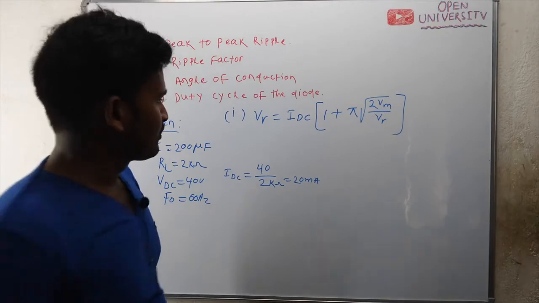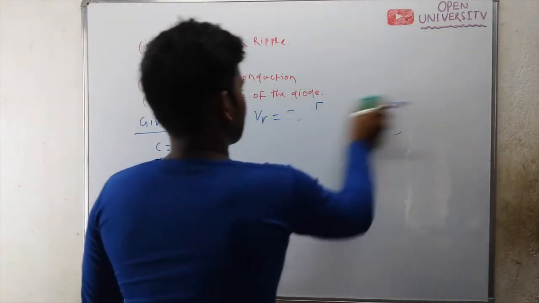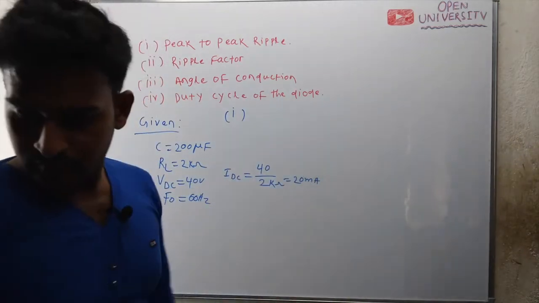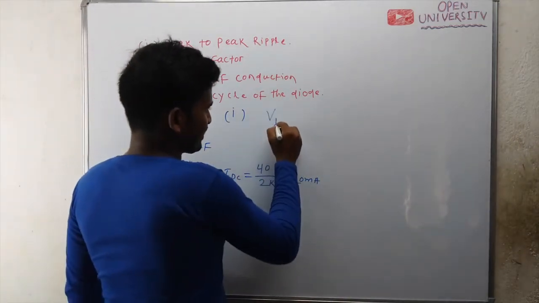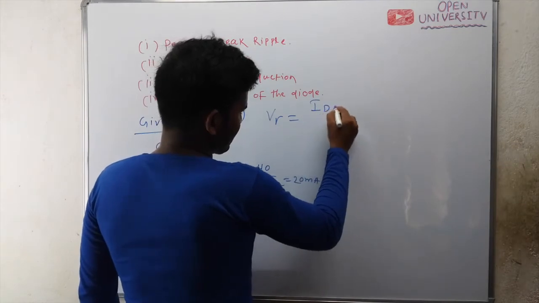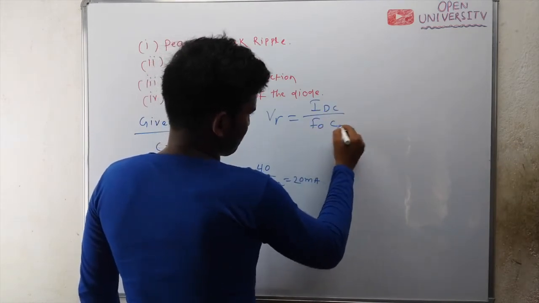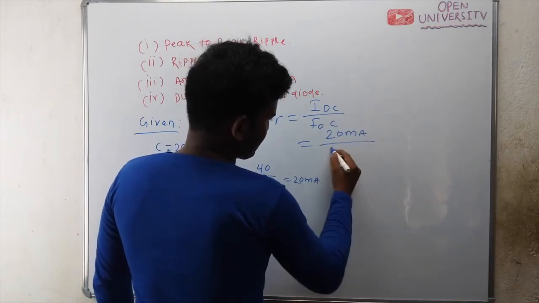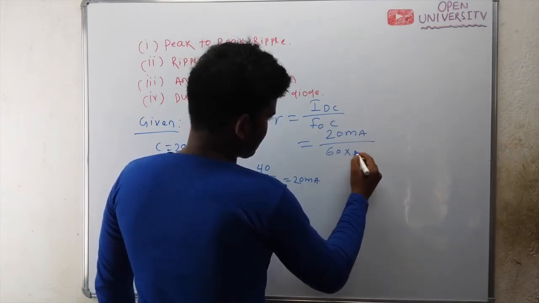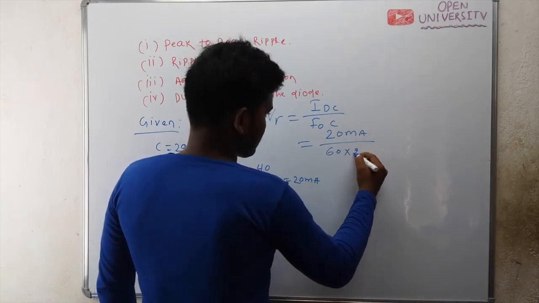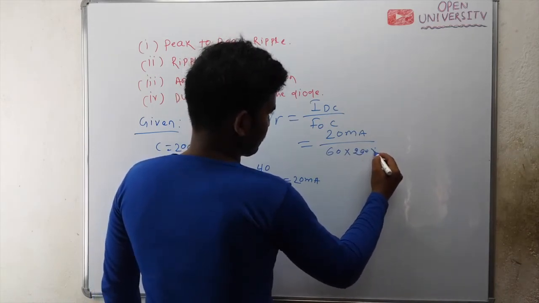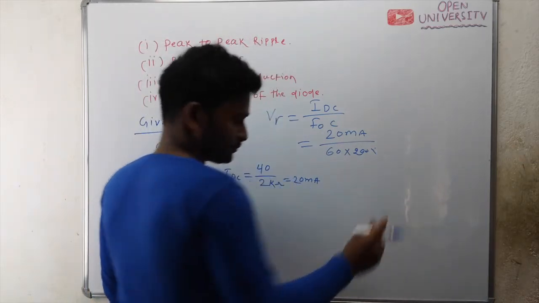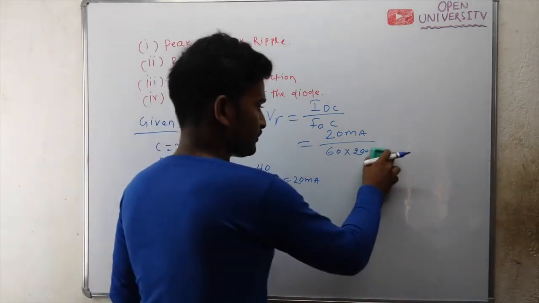I'm sorry, this is not the formula. The formula for VR is IDC by f naught C. What is IDC? 20 milliampere divided by 60 into capacitance value, 200 microfarad.